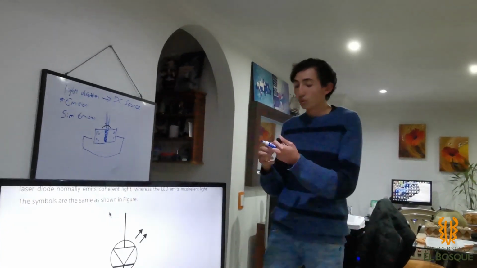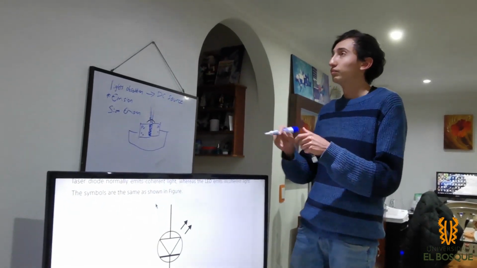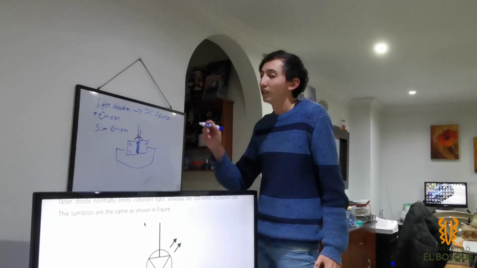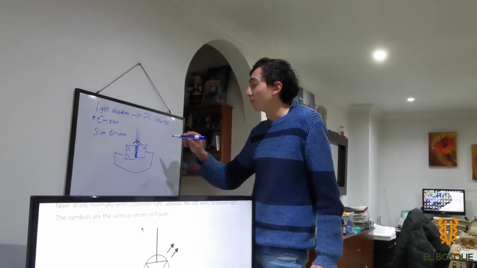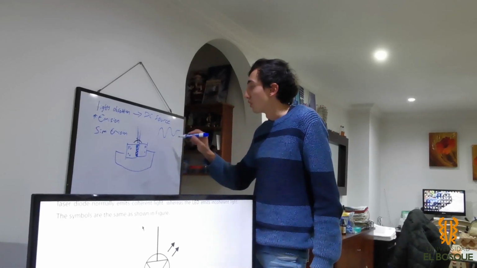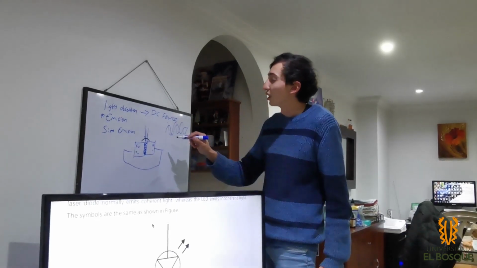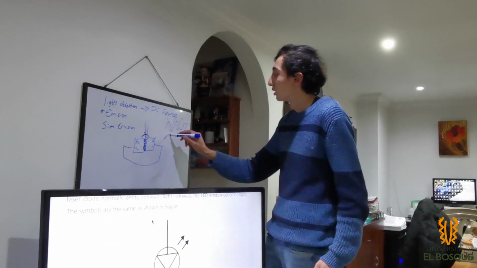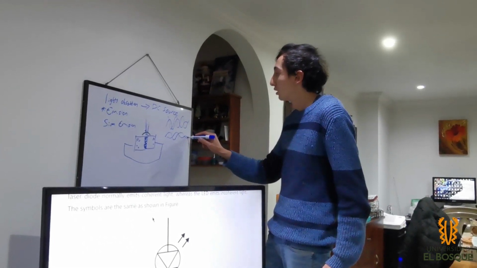At this point, we need to explain what types of light emissions there are. So we have the light of the sun, for example, which is something like that, and the light of a bulb, like in any house, is going to be something like that.